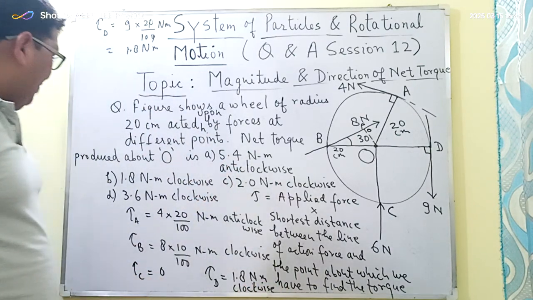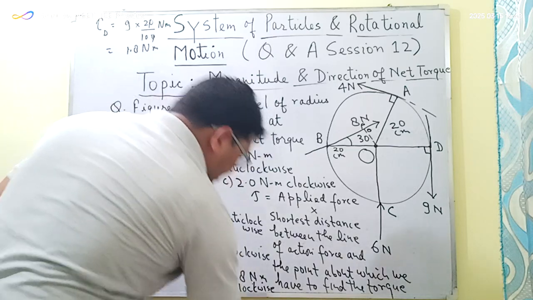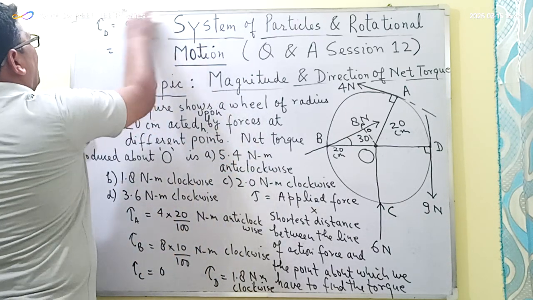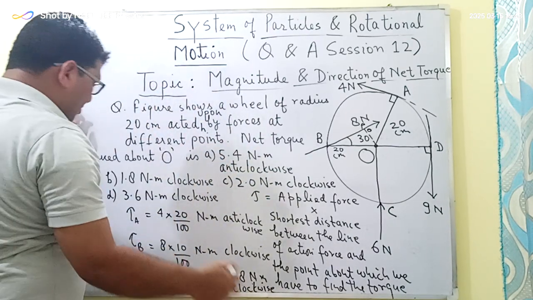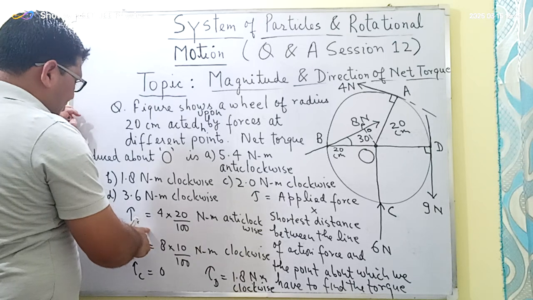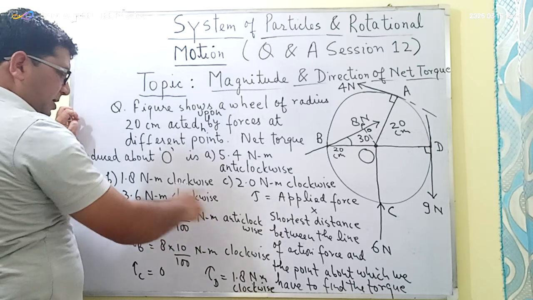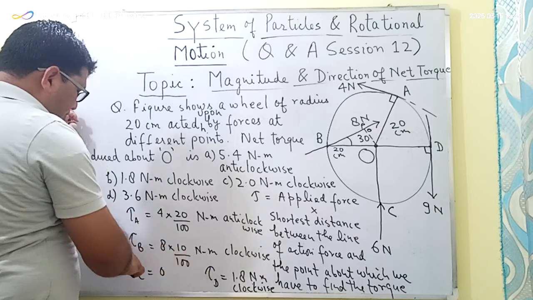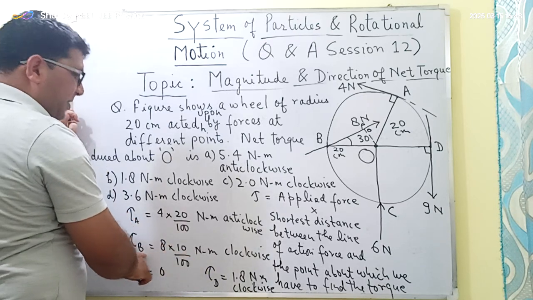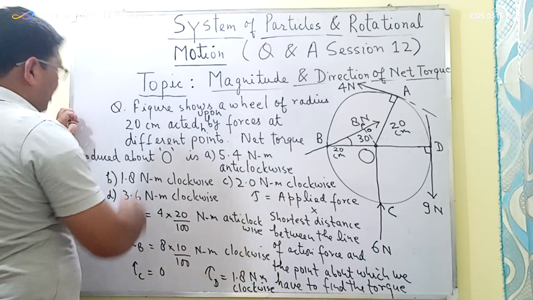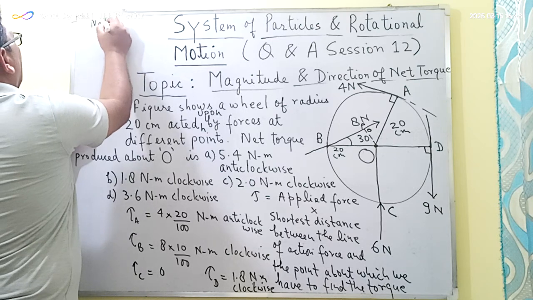Now we have to find the net torque. The torque due to the force at point A is in the anti-clockwise direction, but the torque due to the forces at points B and D are clockwise.